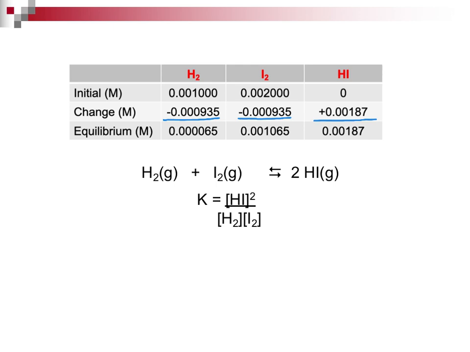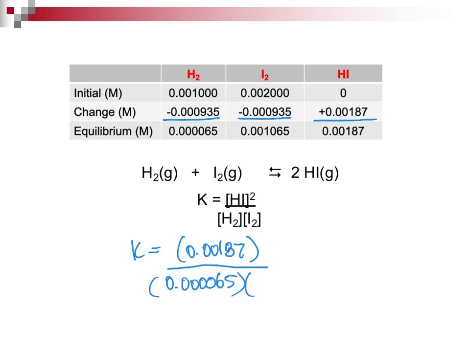I repeated my equation, I repeated my K, and what I'm going to do now is put in my values that have been determined from the ICE table. We're going to be going to variables in the next section. So if this was a little bit confusing, please take time here and work everything out so you're confident in this process. It's a tough one. So good luck, try, ask questions.